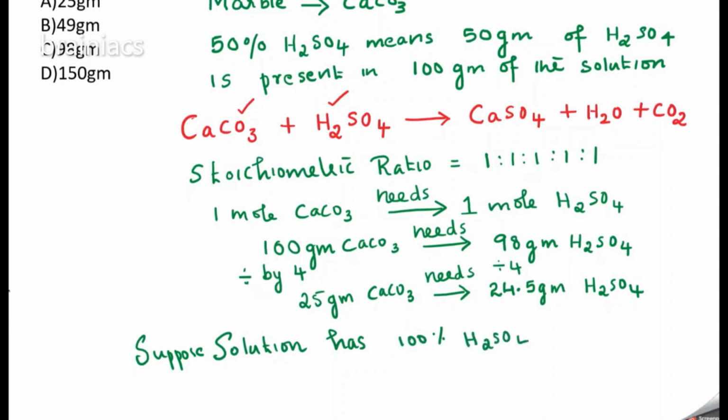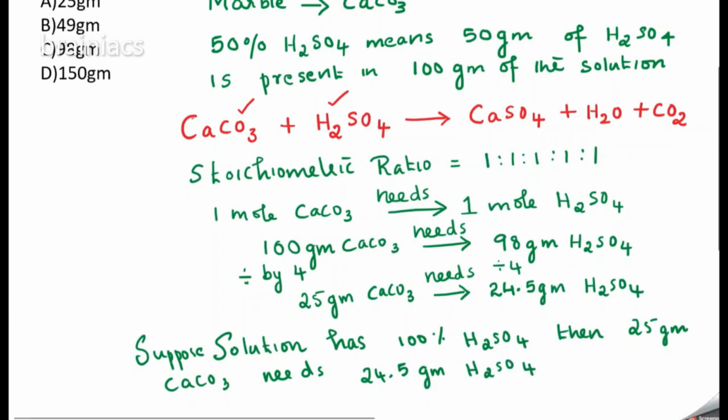That means the solution is completely made up of H2SO4. Suppose the solution has 100 percentage H2SO4, then 25 gram calcium carbonate needs, tell me how much? 24.5 gram H2SO4. Correct?